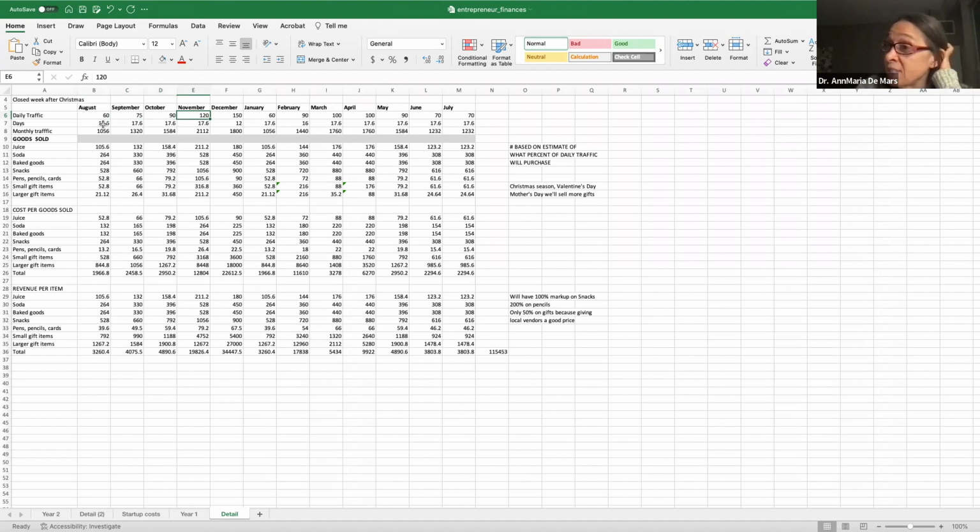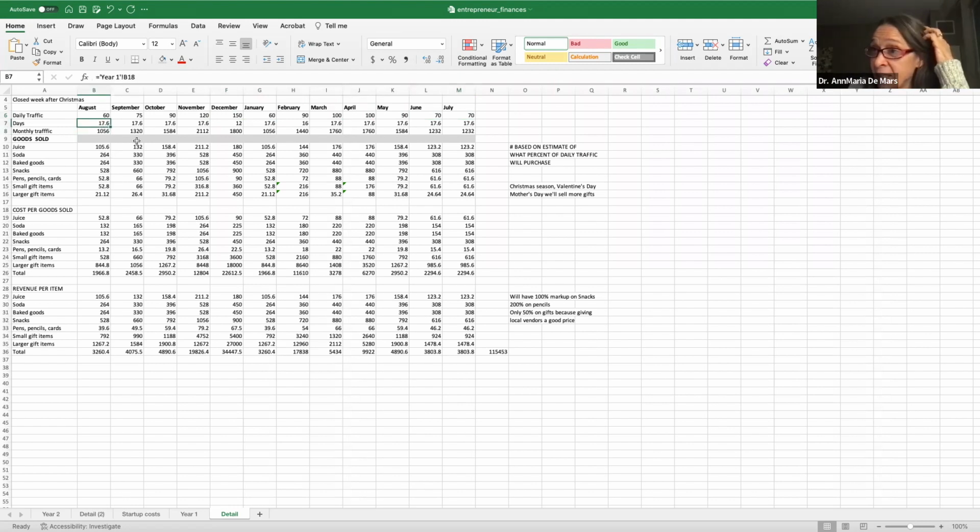And then November, December, I think it'll go up, because again, people are coming in because it's Christmas. And January, I think it'll be down. We're closed part of the time. February, I thought we'd have some people come in because of Valentine's Day. So based on these assumptions, I put how many people I thought would be on campus every day.